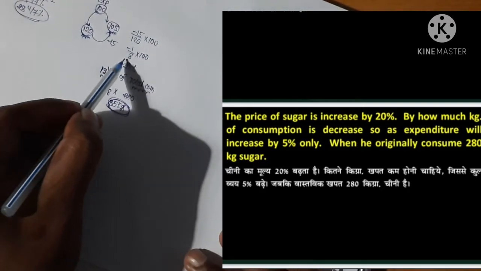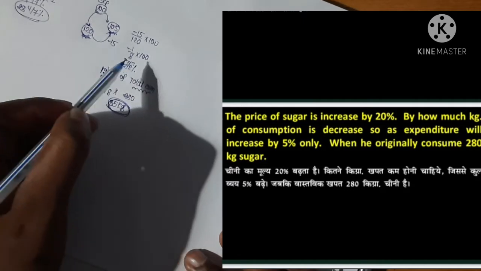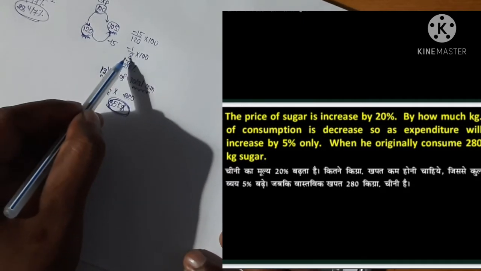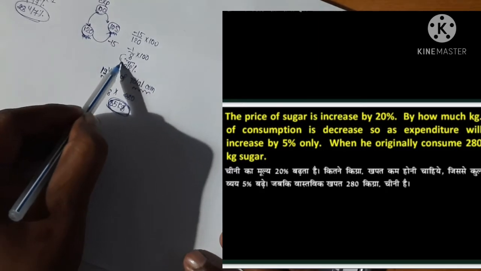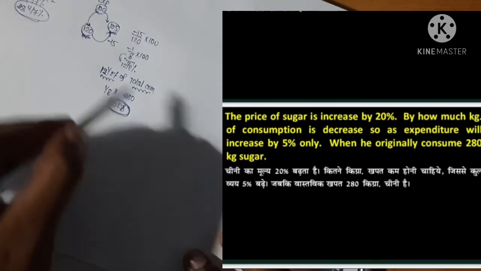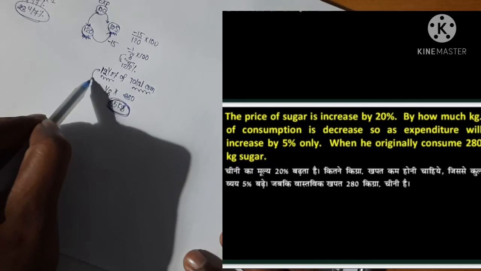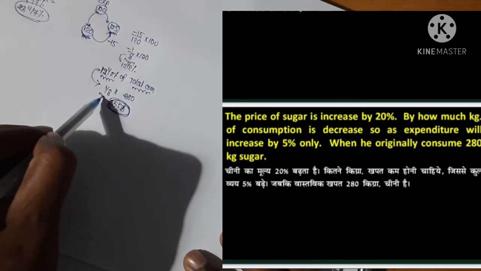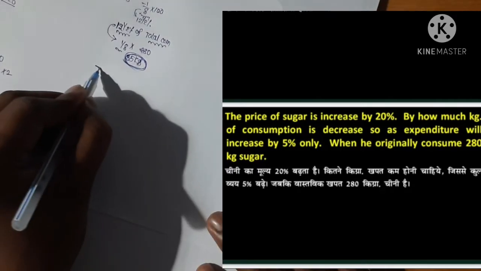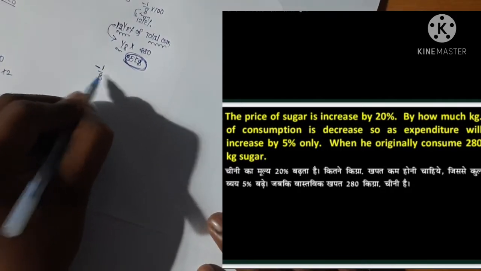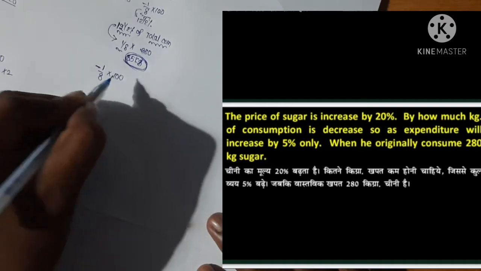So here, -1/8 is a fraction. We have to convert the fraction into a percentage. Here once again we are converting the percentage into a fraction. So what is the meaning of -1/8 into 100?